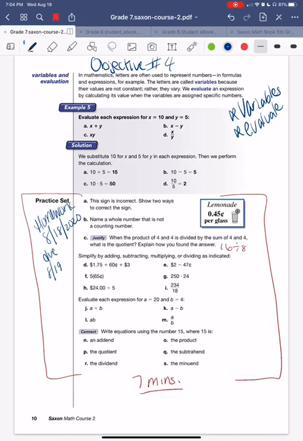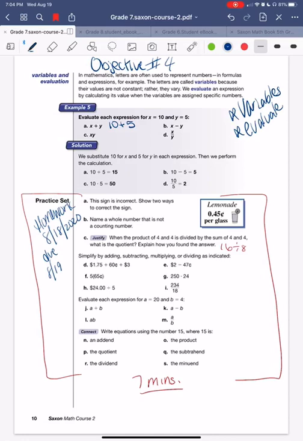So in example number 5, it simply says evaluate each expression for x equals 10 and y equals 5. So every time we see an x, we're going to put 10, and every time we see a y, we're going to put a 5. So just like it says, A is x plus y.